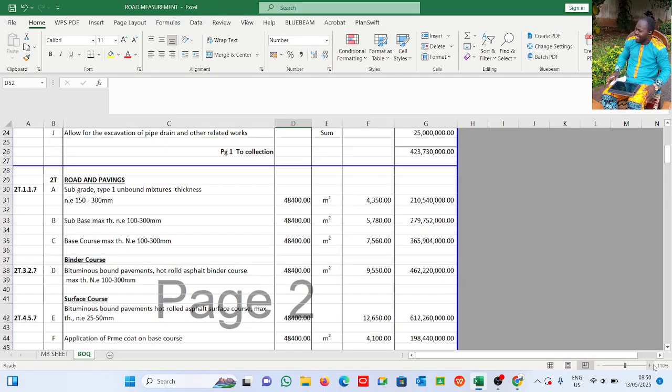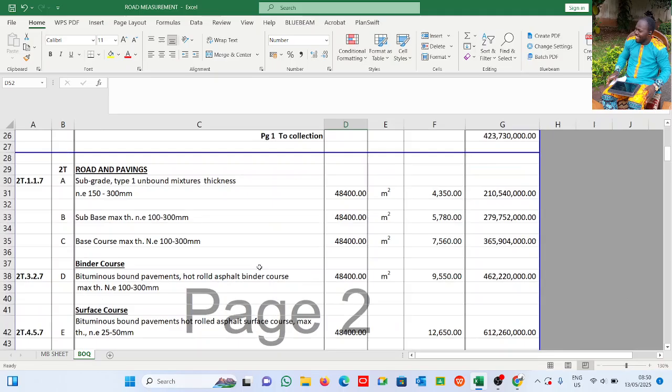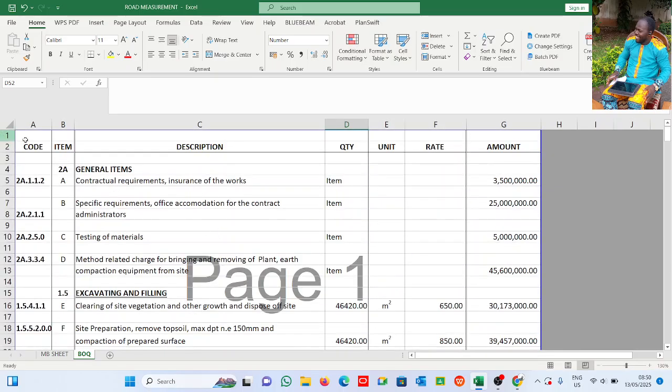So let me make this bigger. Now you see this code. When you get your answer sheet, for those writing the TPC, you're going to see this space here, for you to enter your code. This is the serial number of the items you are working on. Everything I did in the measurement, I want to bring into the bill of quantities.